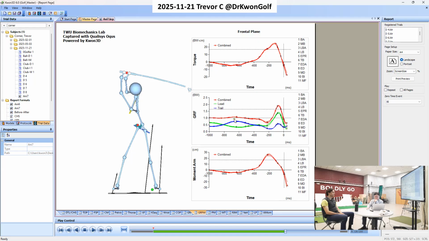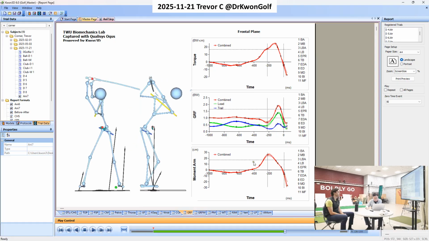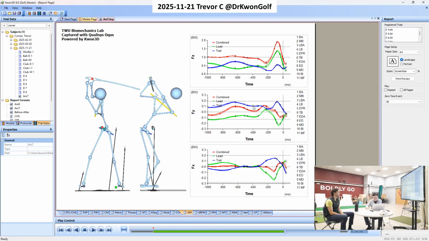So here, what I want to see is more separation here and then maintain this difference all the way, so that at top of action, you still have more force acting on the trail side. At top of action, about here, what I want to see is the force going from here, going this way. If you look at the horizontal force from the trail side here, it peaks here.